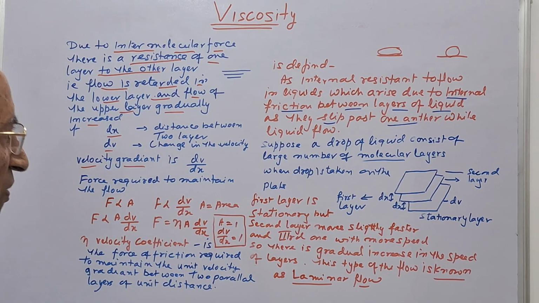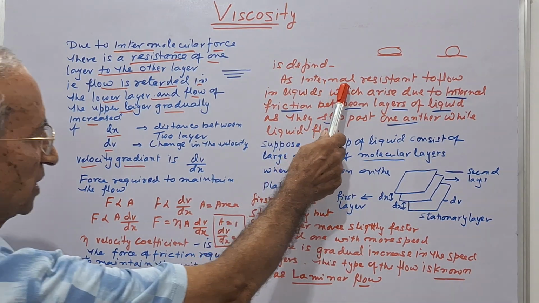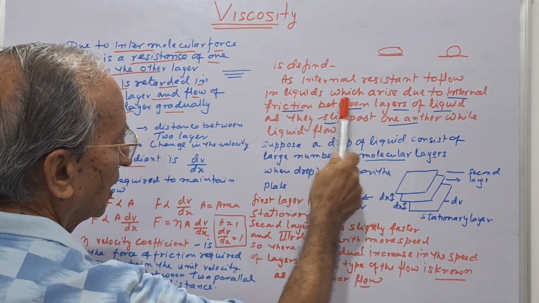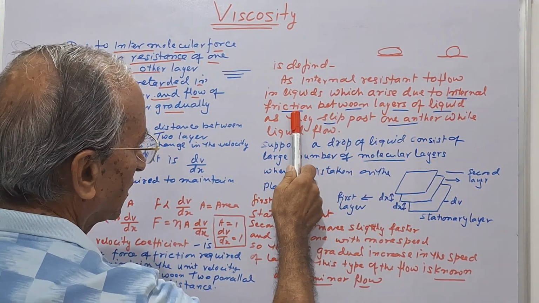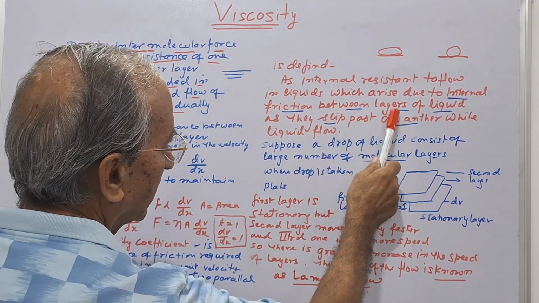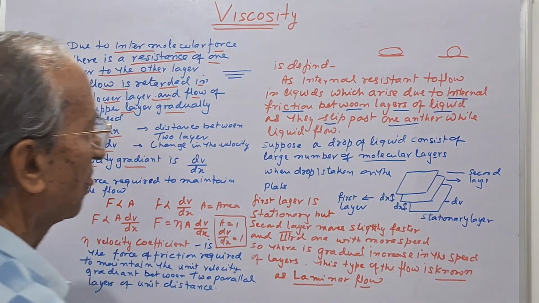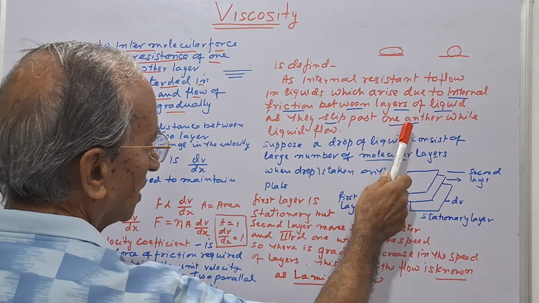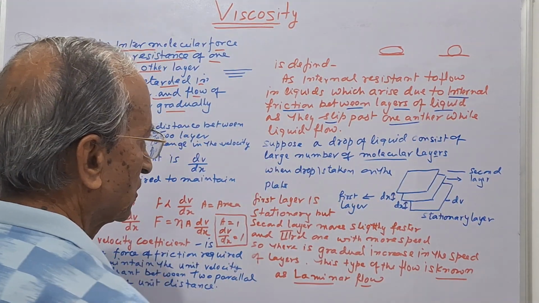Simply, viscosity is the internal resistance to flow in liquids which arises due to the internal friction between the layers of the liquid as they slip past one another while the liquid flows.